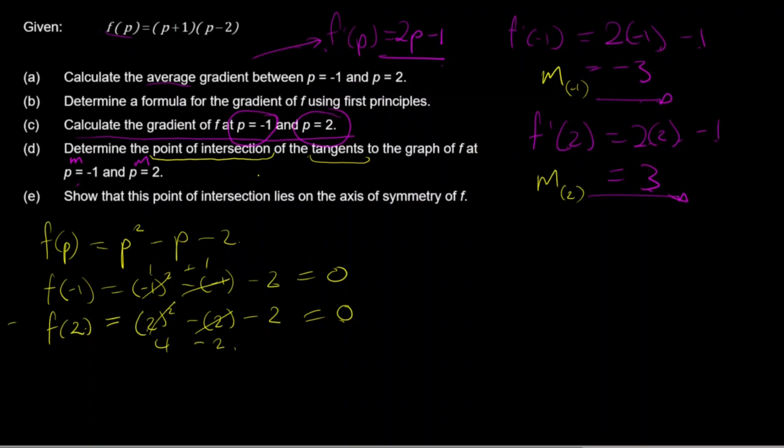So which points do we have? -1 and 0, and then we also have 2 and 0.